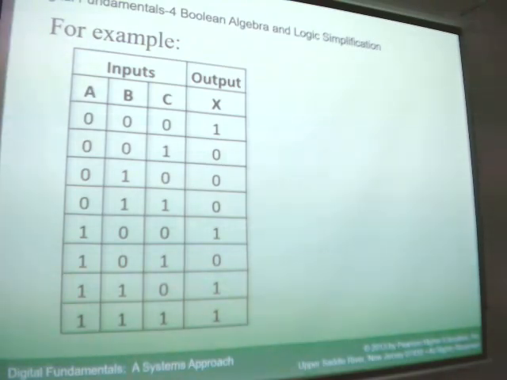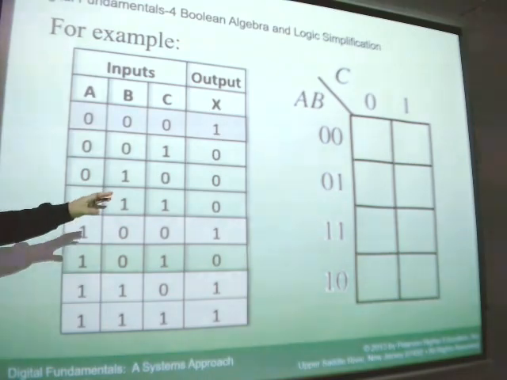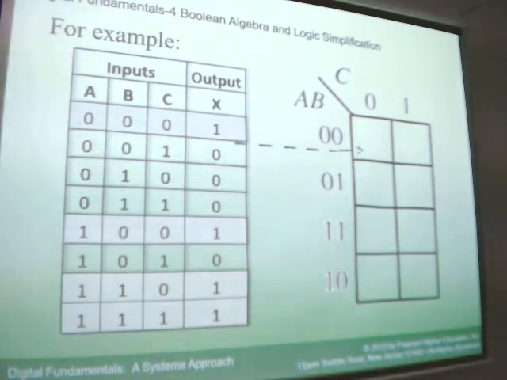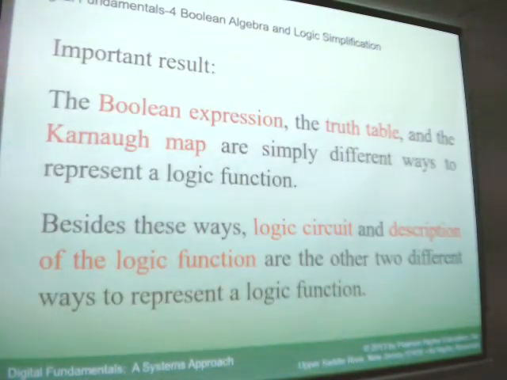For example, for this truth table, we first find the outputs whose value is 1, and write down the 1 in the corresponding cells. So there are four 1s.